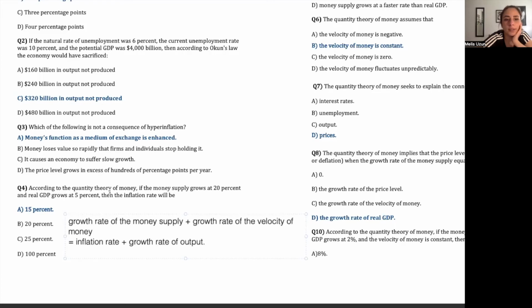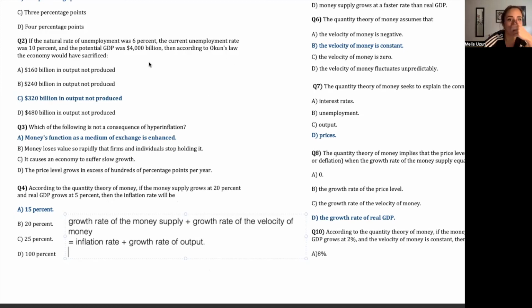According to the quantity theory of money, if the money supply grows at 20% and real GDP grows at 5%, then the inflation rate will be? We know from the quantity theory of money, growth rate of money supply plus growth rate of velocity of money is equal to inflation rate plus growth rate of output.